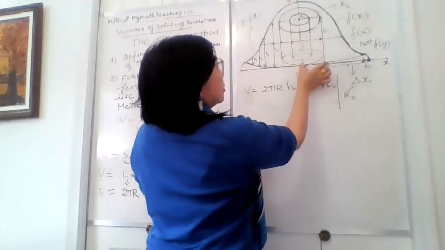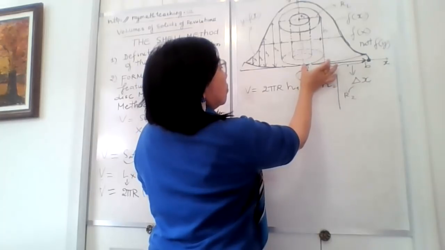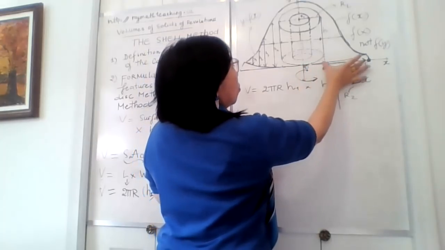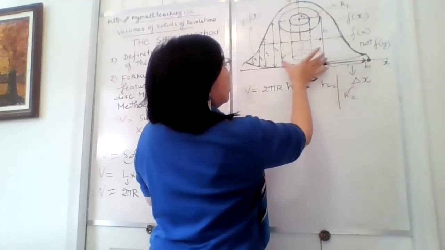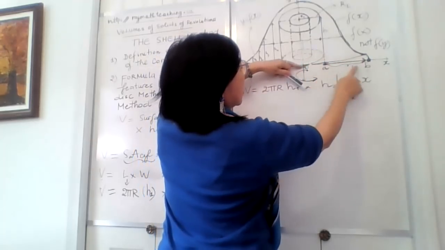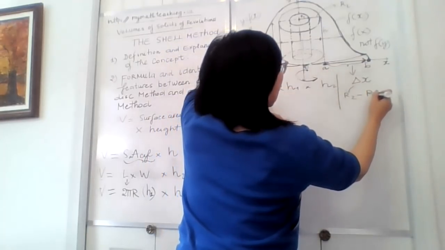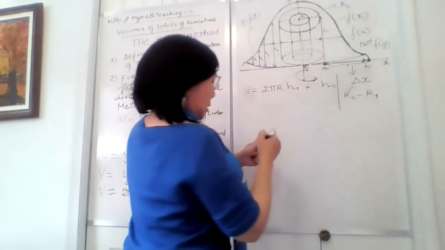This cylindrical shell will be generated from inward to outward, right? You can see that I build it from inward to outward. So the radius is the difference between R2 minus R1, and that's why we call it delta x, right?